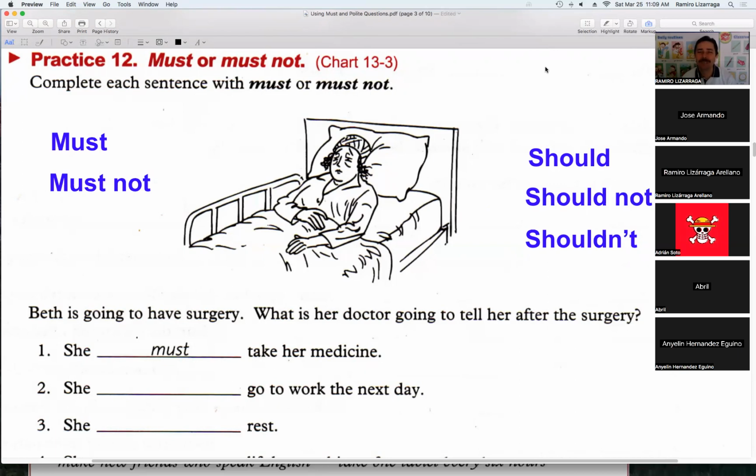Ah, no, mustn't. No me llega. Es más fácil el shouldn't. Should not, shouldn't, must not, mustn't. ¿Cómo sería? Pero no.